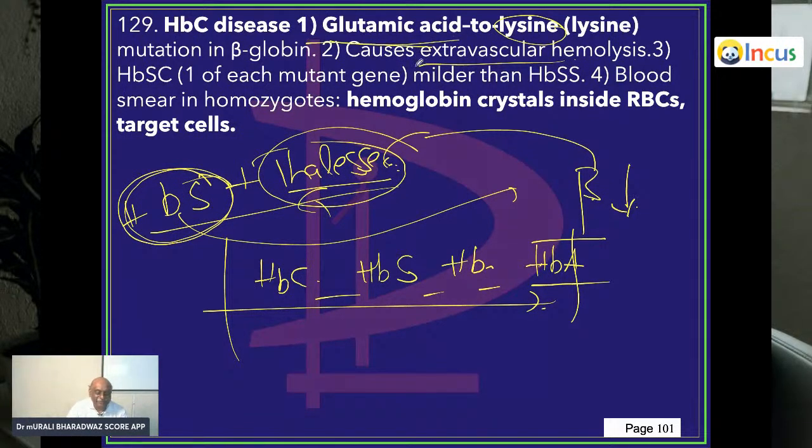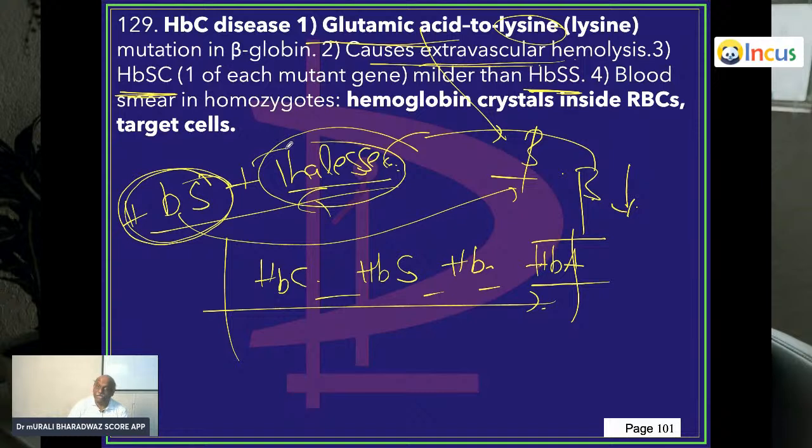Right. Now, one important difference: HbS is both intra and extravascular, but HbC is only extravascular, not intravascular. Very good. Then HbSC compared to HbSS, it will be milder, right?